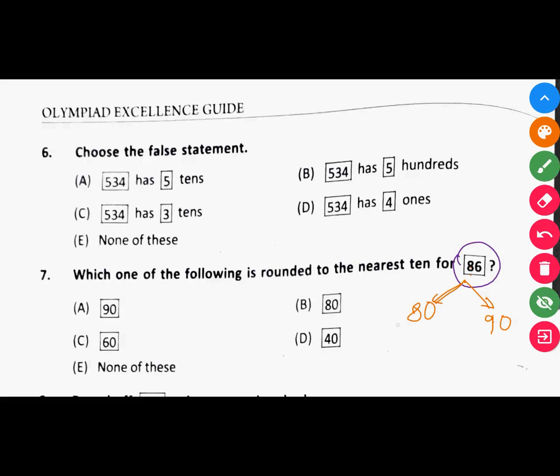Is 86 nearer to 90 or to 80? See, it has to go back 6 steps to come to 80 and only 4 steps to go to 90. So which is nearer? 4 steps is nearer rather than 6 steps. So 90 is our answer. So 90 is nearest to 86.